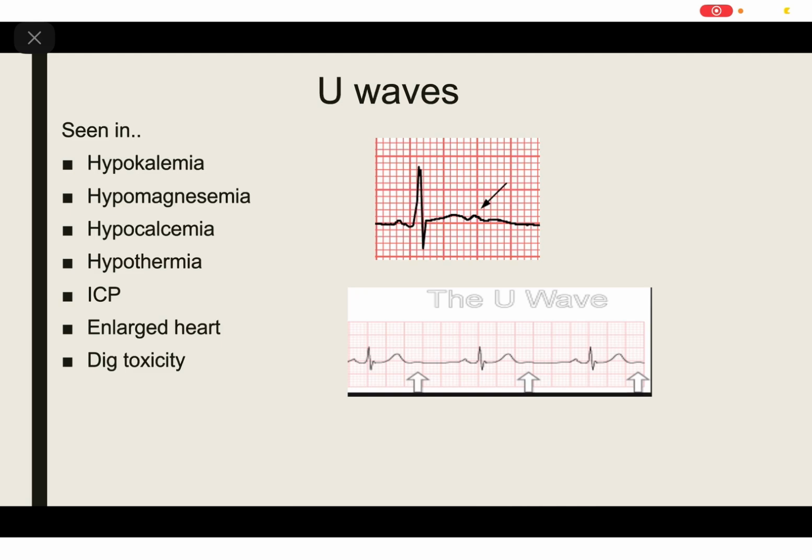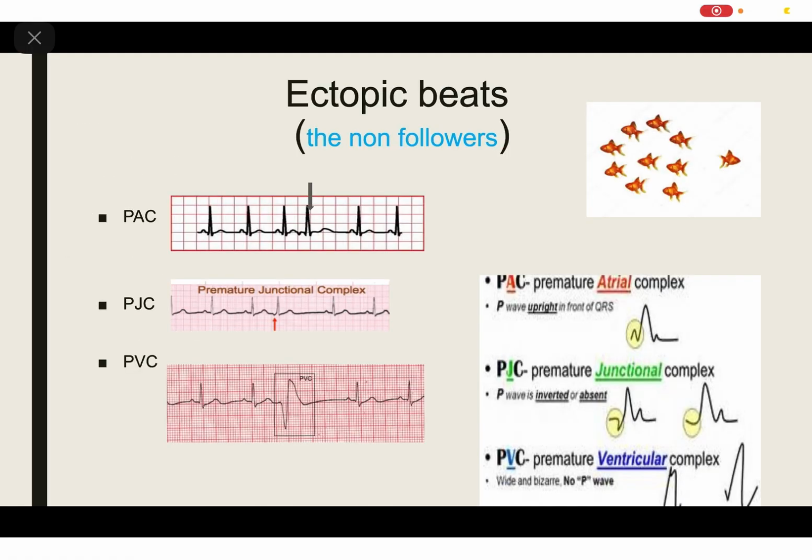If you see U waves, think toxin of some sort. Toxin by electrolytes or toxin by other pharmacological means, pressure problems in your head, or you have a big heart in the bad way.